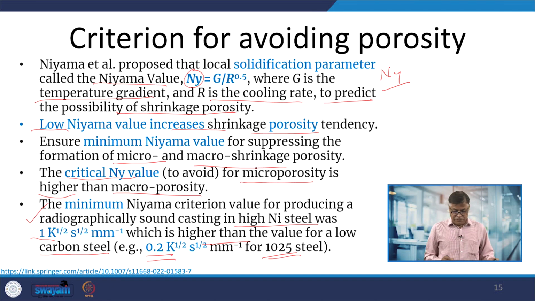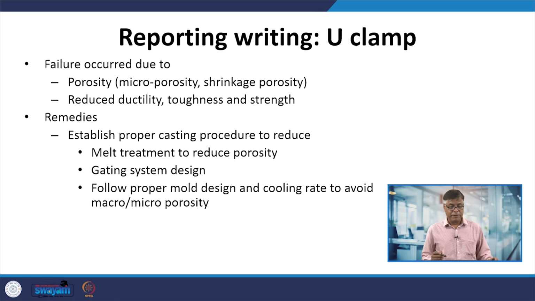So, the value is much higher for the high nickel steel than the carbon steel for avoiding the porosity. As far as the report is concerned, the failure was primarily caused by micro and shrinkage porosity, which reduced the ductility and toughness of the steel.